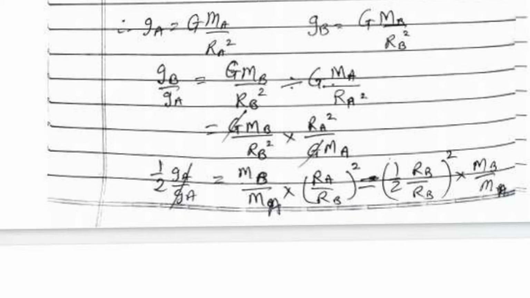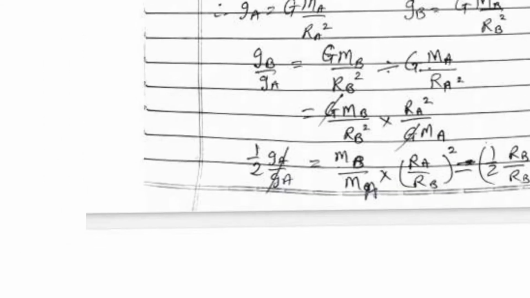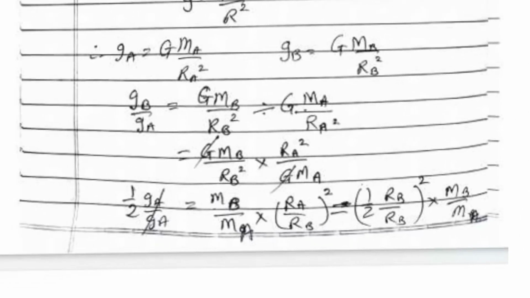So of course, what is GB? GB is this, so this I will be writing here. Upon means division, so divide by G into Ma upon RA square. Now children, as you know, division is multiplication by its reciprocal.